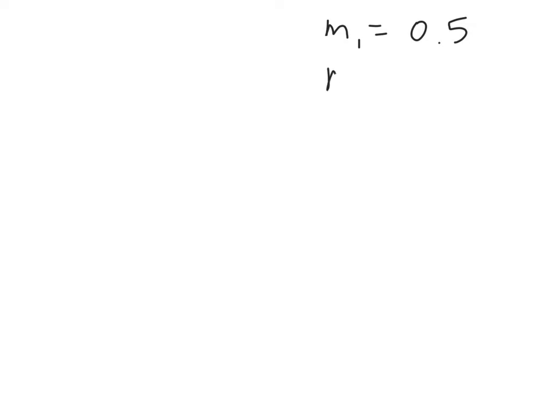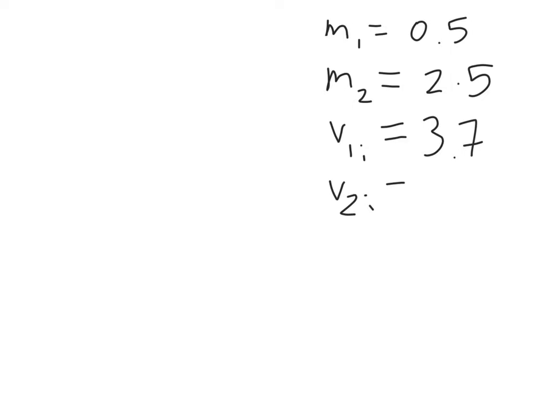We set the block's mass as mass 2, which was 2.5 kilograms. We have v1 initial is the velocity of the ball just before collision, which we determined to be 3.7, and we set v2 initial, which is the velocity of the block initially, to be 0, as the block was at rest.